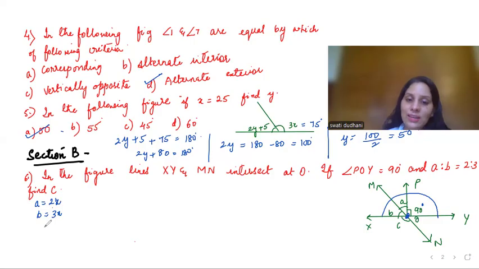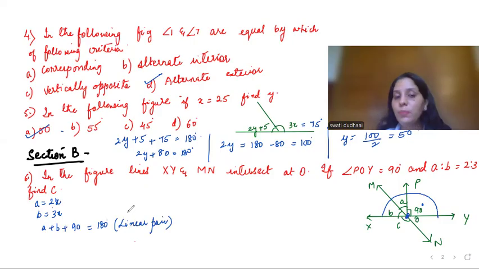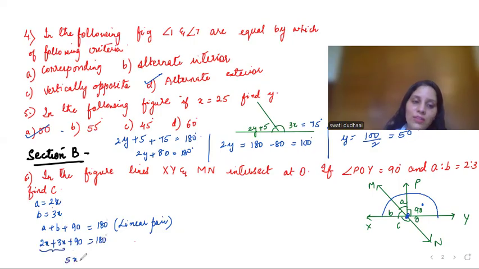So from this, I can write that A plus B plus 90 is equal to 180 degrees. Linear pair. In geometry, reasons are very important. So for every line, you need to mention the reason in the bracket. Now, A is 2x, B is 3x, plus 90 is equal to 180. 2x plus 3x, 5x is equal to 180 minus 90, which is 90 degrees.